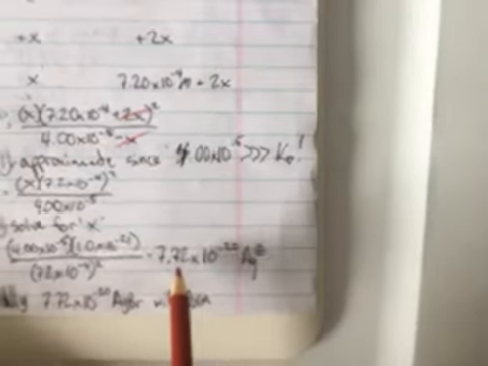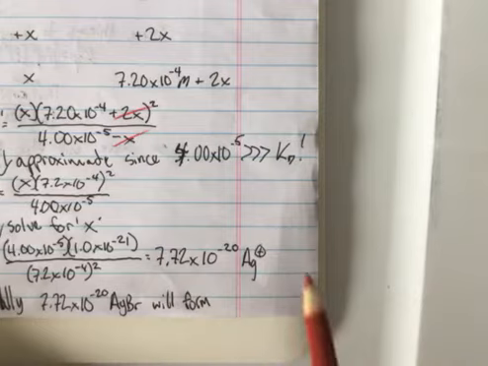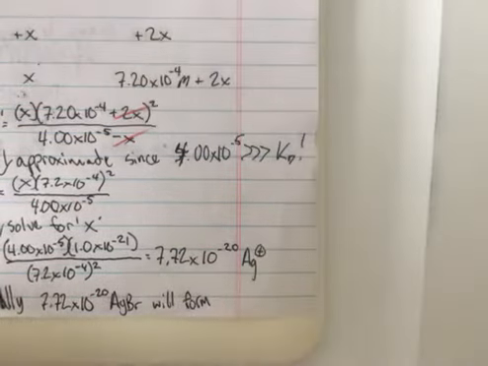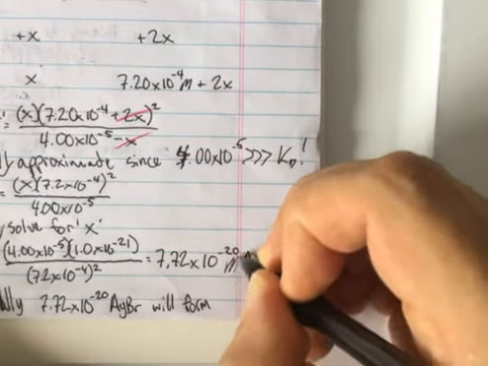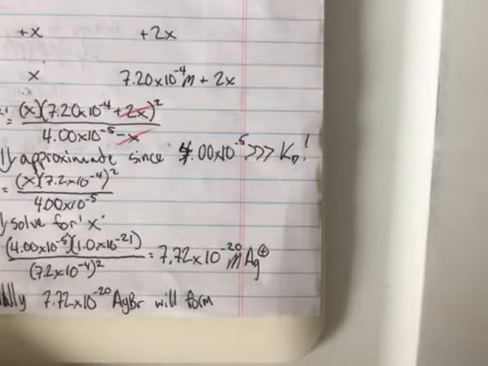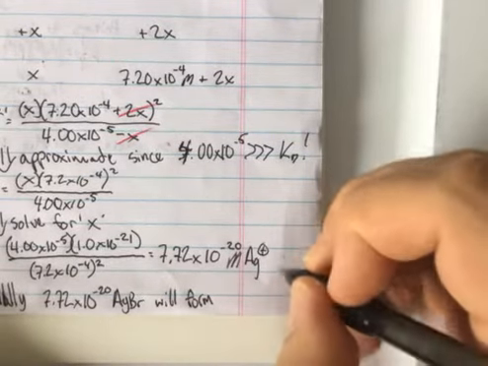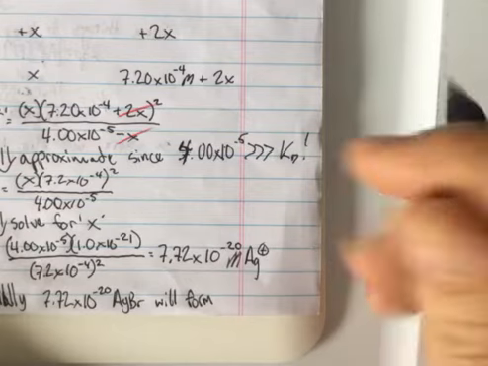And that's going to leave you with 7.72 times 10 to the minus 20 molarity of silver plus. So a really, really, really small amount of silver plus that can, as you can recall, combine with Br minus to form precipitate.